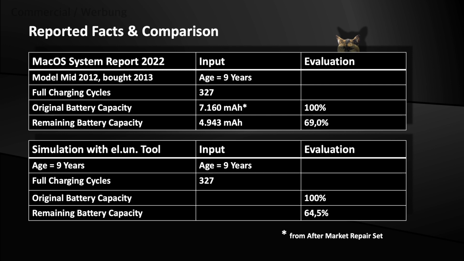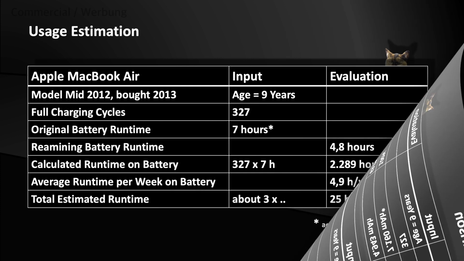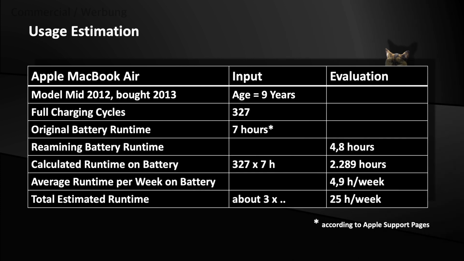Now let's analyze the usage a bit more. On the Apple support pages, I found 7 hours battery runtime for my MacBook Air model mid-2012. We consider this as the original battery runtime.